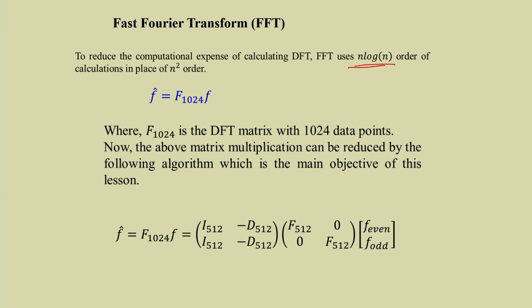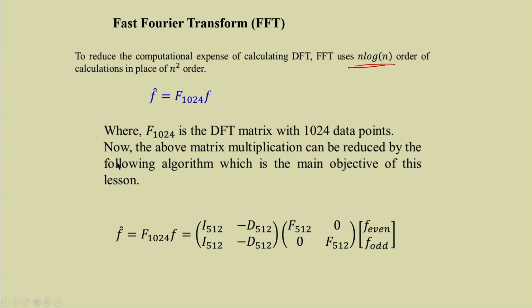So, the matrix what you have seen here. For example, let us take 1024 elements, let n square equal to 1024. In that case, we can write down this f cap equal to F 1024 f, where F 1024 is the DFT matrix with 1024 data points.